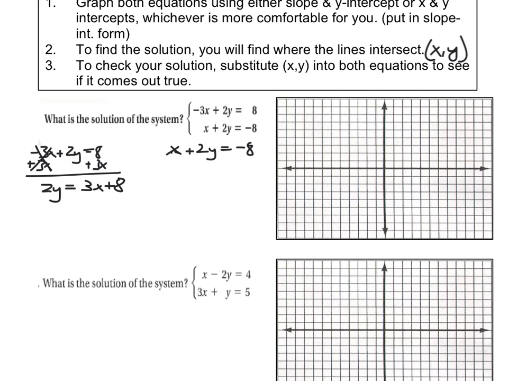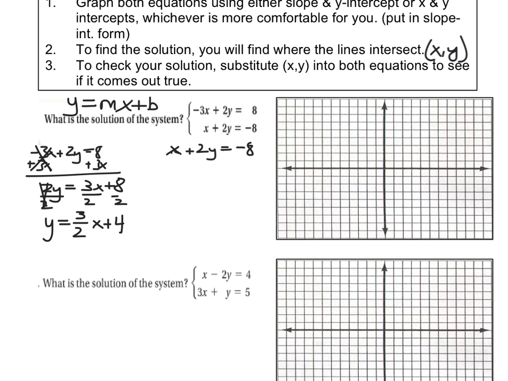Remember, I want my final equation to look like y equals mx plus b, because we all know how to graph those equations. Then I'm going to divide everything by 2. The 2's go away, and 2 doesn't go into 3 evenly, so y equals 3 over 2 x plus, in this case, 8 divided by 2 is 4.